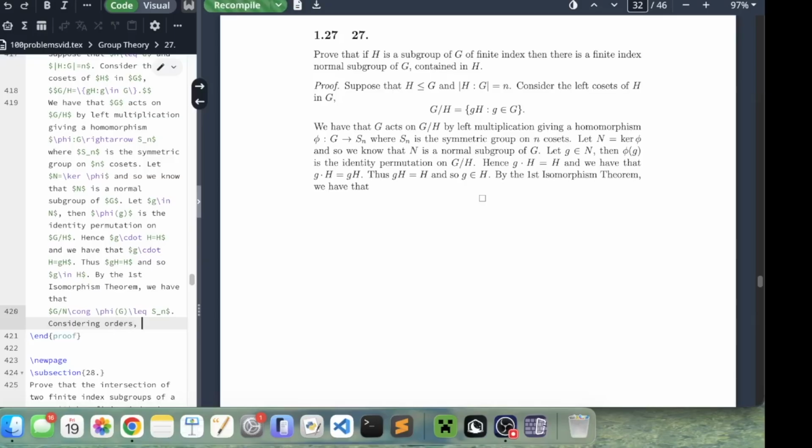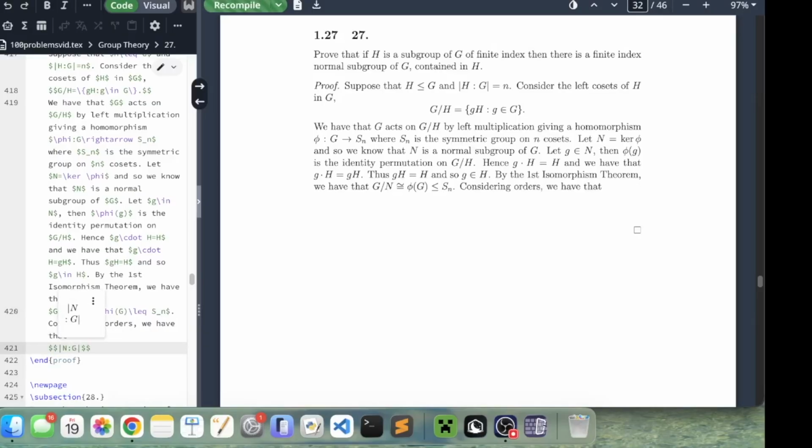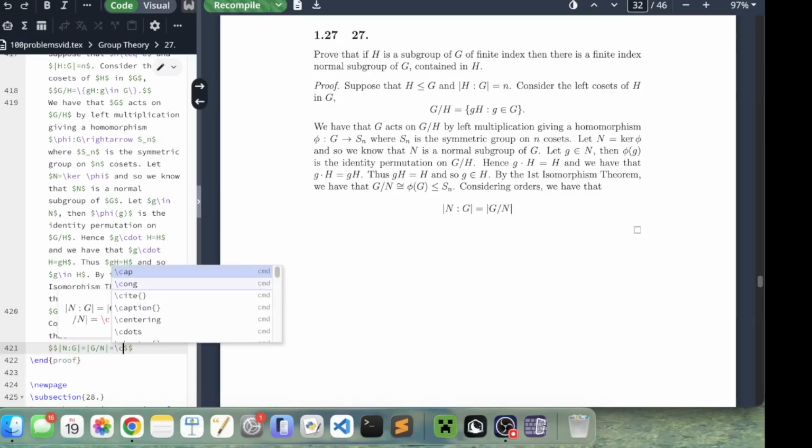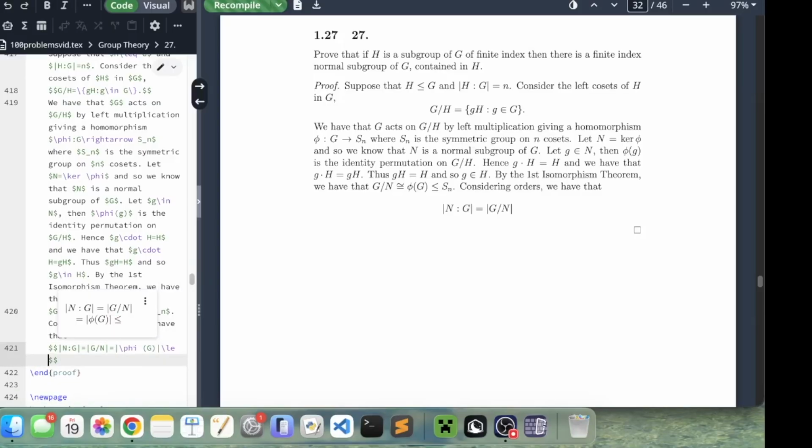Considering orders, we have that G modded out with N, the index of N in G, is the order of G modded out with N, which is equal to the order of the image, which is less than or equal to the order of S_n, which we know is equal to n factorial.